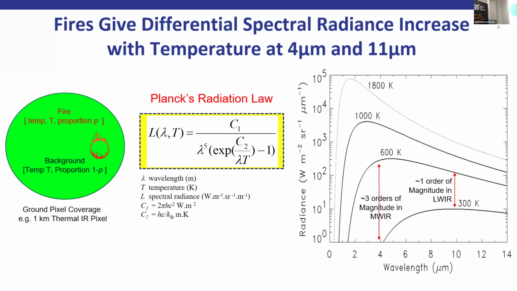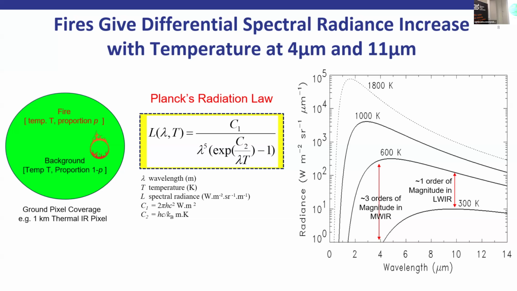And what you see is, like we heard yesterday, basically as you heat something up, the amount of energy it's emitting at any particular wavelength goes up, but the peak of it shifts to shorter wavelength. And in the middle infrared, it is very dramatic.